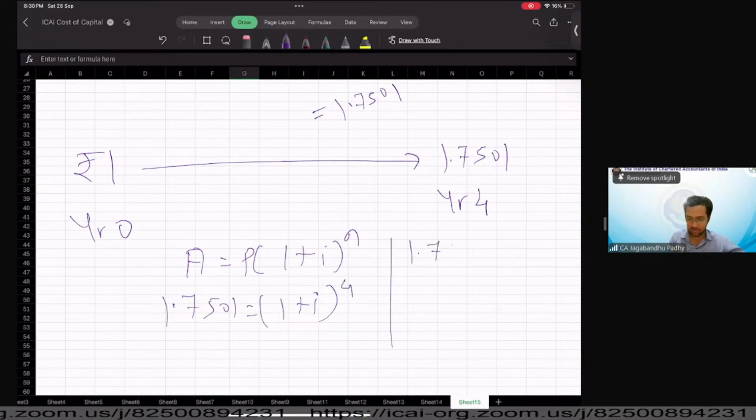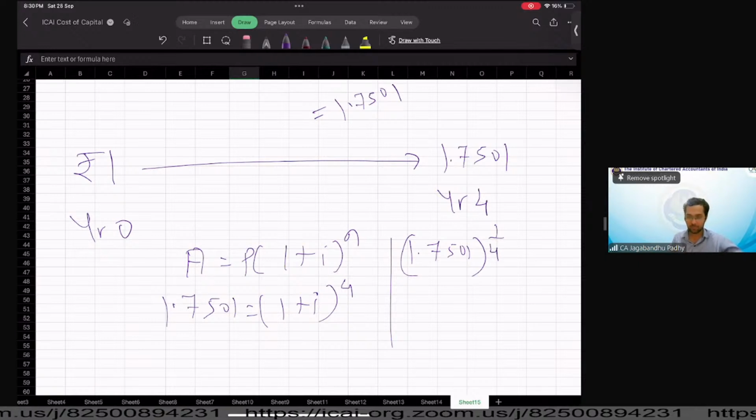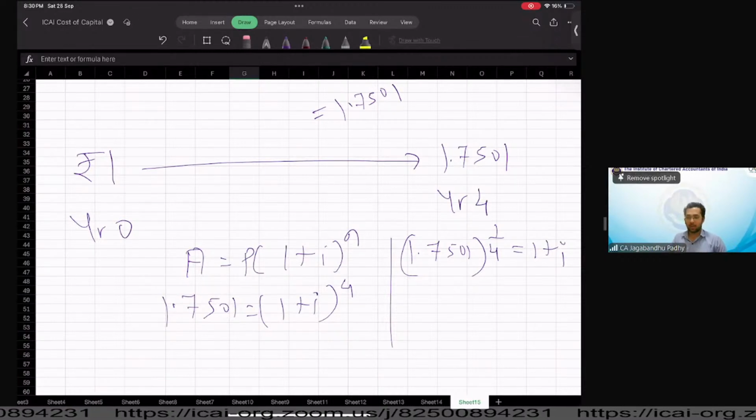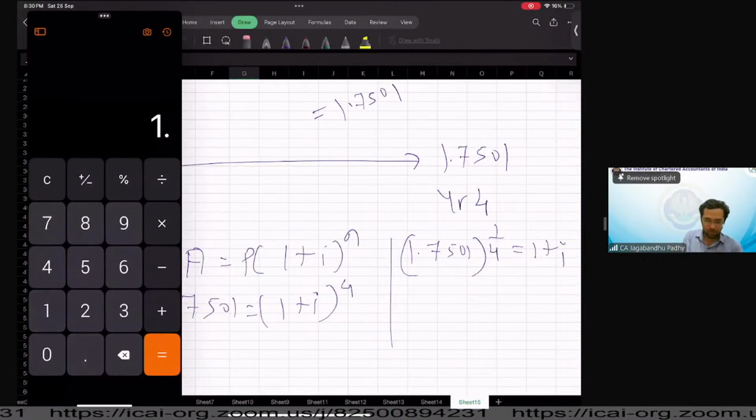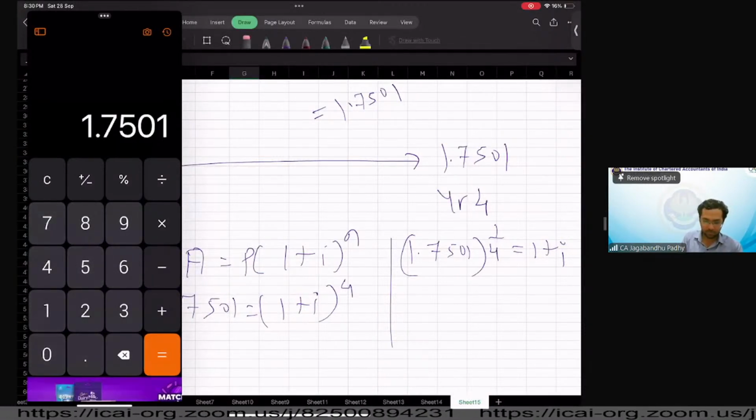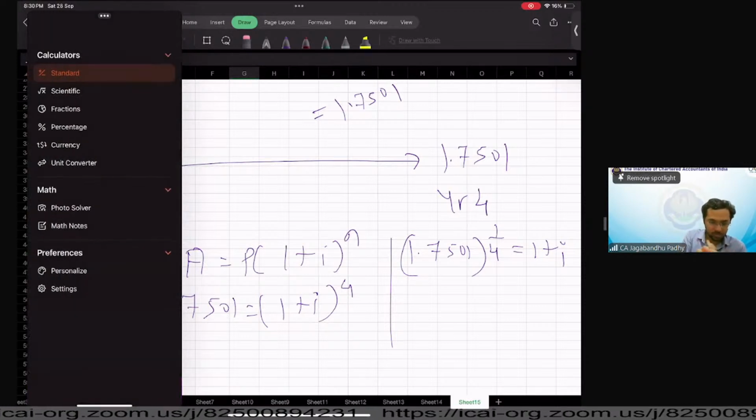That 4 comes to the other side: 1.7501 to the power of 1 by 4 equals 1 plus i. Now give me the fourth root in the calculator. What you do is take 1.7501 and just take a square root of it. Press square root 2 times. This is there.